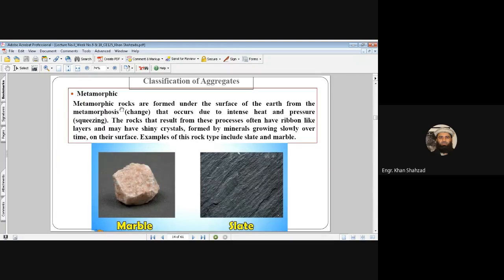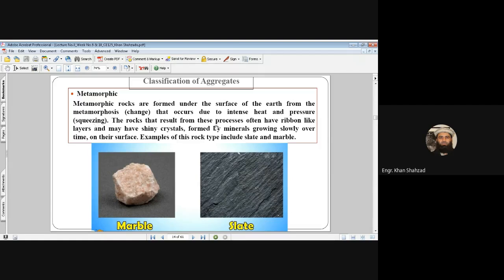The next topic is metamorphic rock. Metamorphic rocks are formed under the surface of the earth from the process of metamorphism, in which change takes place due to intense heat and pressure, or the squeezing of these rocks.